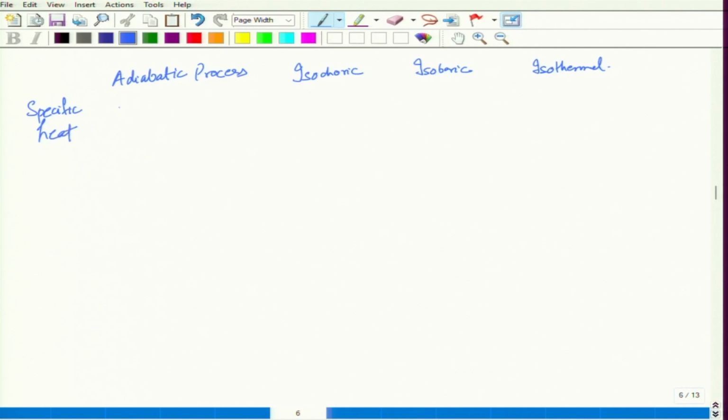In case of adiabatic process, we know delta Q is 0, which implies that C in case of adiabatic process is 0. So it is always the case that in adiabatic process the C is 0.